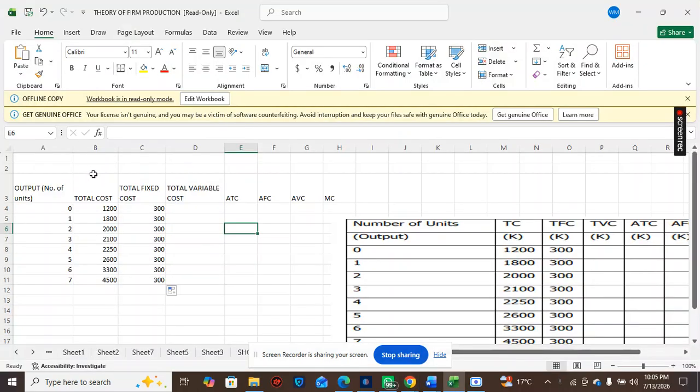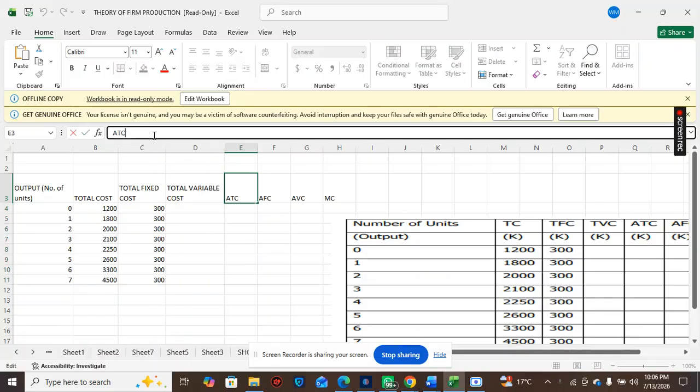Okay, so we have a question here. We've been given our output, number of units. We've been given the total costs. We've been given the total fixed cost and we need to find the total variable cost. We need to get the average total cost.